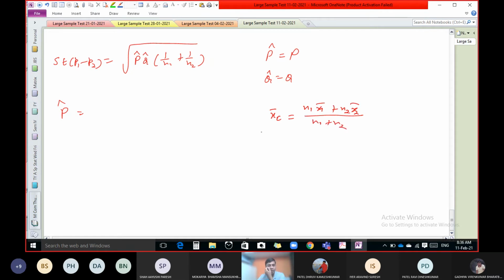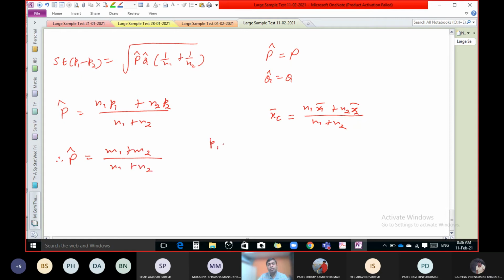So similarly this is also a combined proportion: n1 p1 plus n2 p2 upon n1 plus n2. Or you can write this as m1 plus m2 upon n1 plus n2.